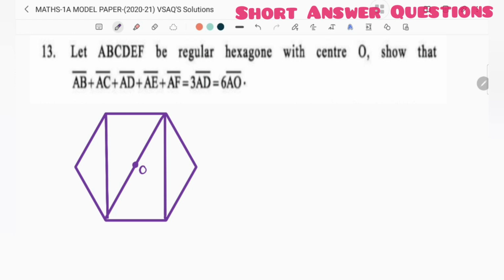This is the center O. A, B, C, D, E and F. ABCDEF is a regular hexagon with center O.